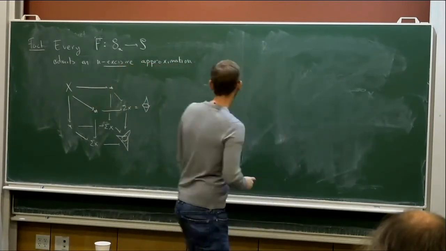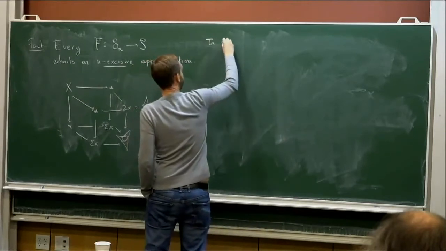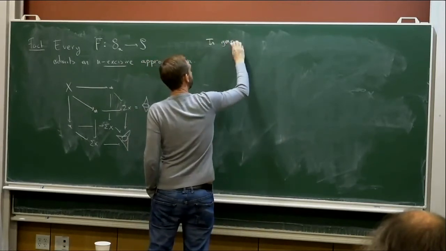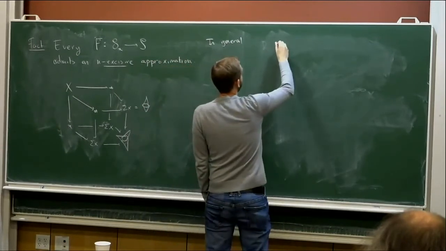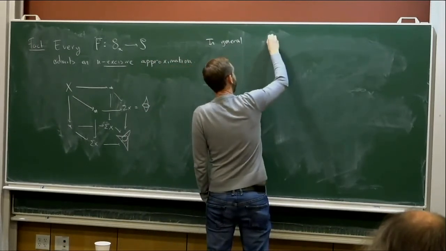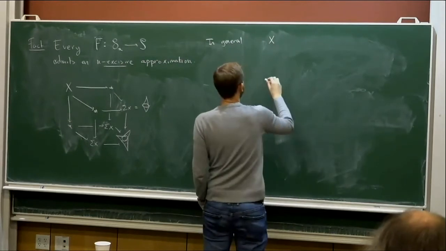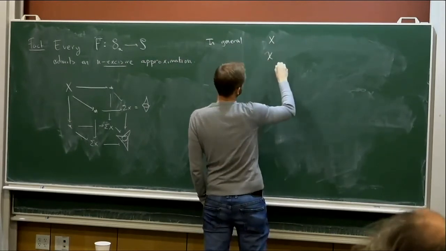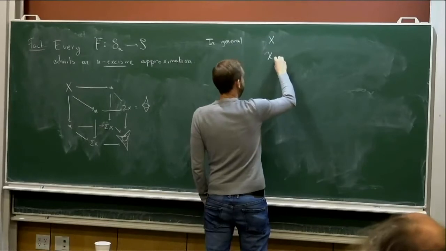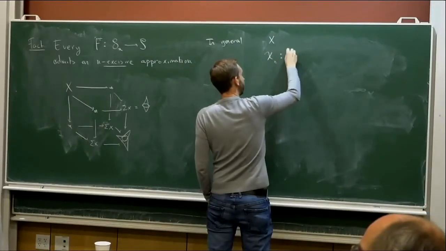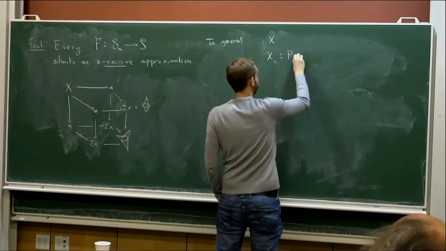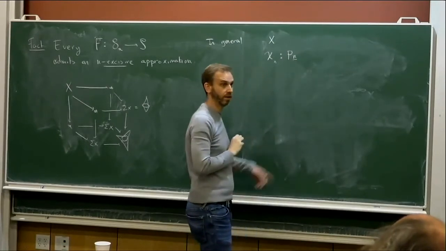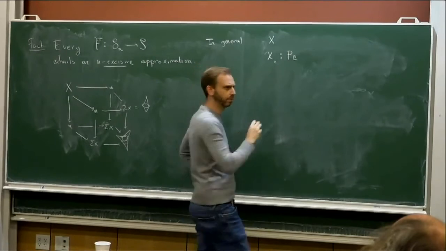Exactly. So in general, if you give a space x, you have this cube. Let me define it as x sub n, which is defined on the partially ordered set of subsets of n as a set, maybe n plus 1.